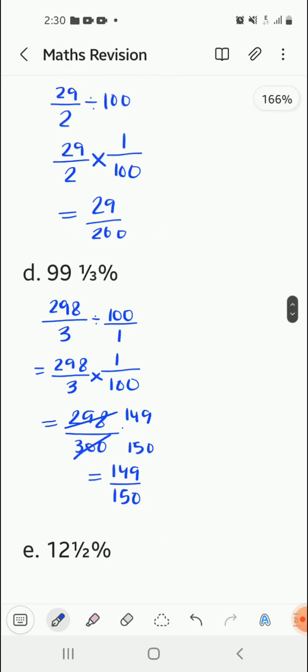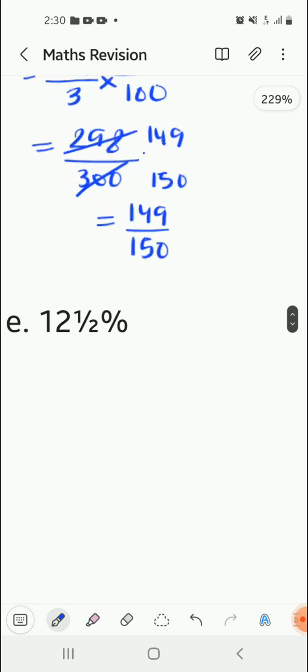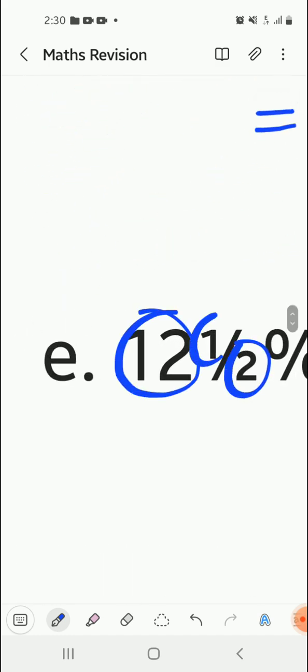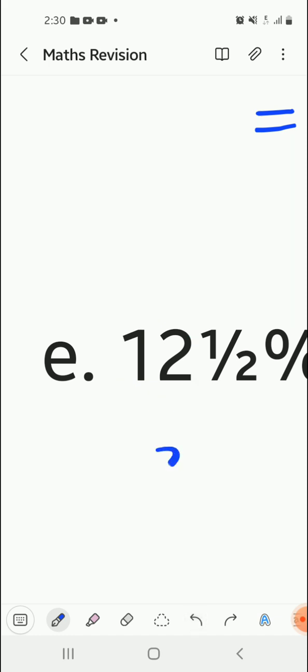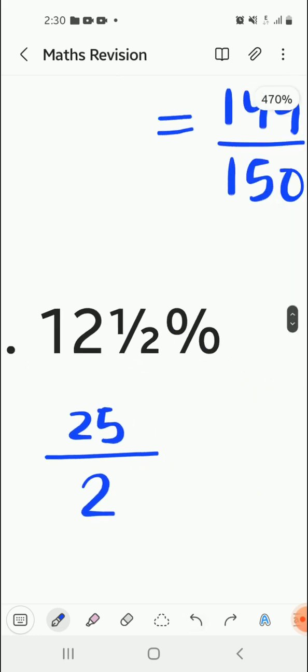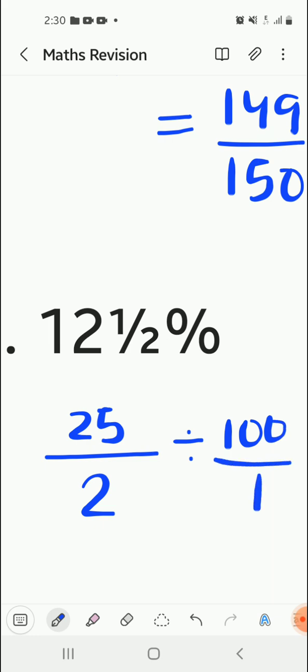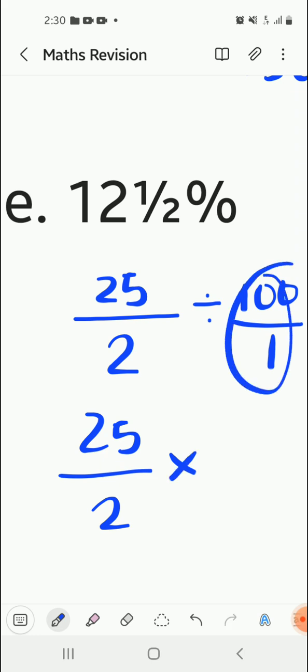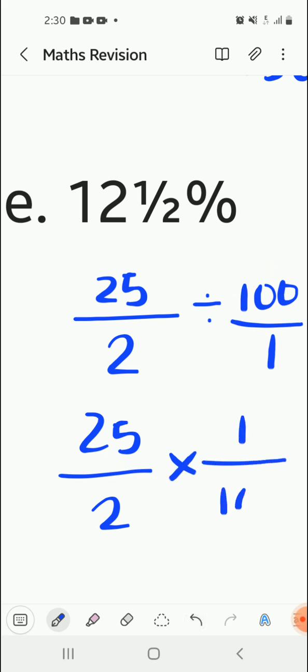Moving on to the next sum, we've got 12.5%. Again, the same thing. 12 into 2, 24 plus 1, 25. So simply write the number 25 by 2. That is the mixed fraction into improper fraction. Percentage means divided by 100. So this divided by 100. 100 means 100 by 1, we know. Now 25 by 2, this division becomes multiplication, and the 100 by 1 becomes the reciprocal, that is 1 by 100.